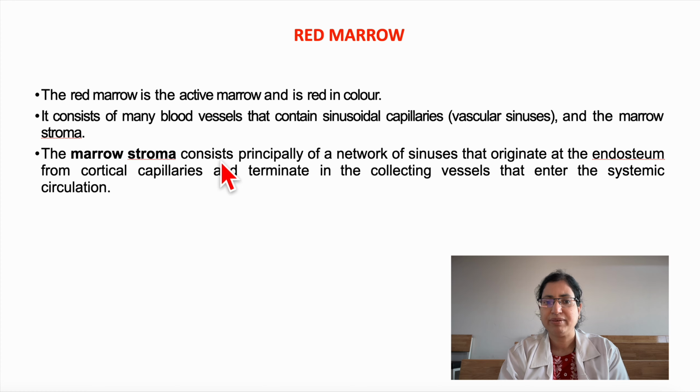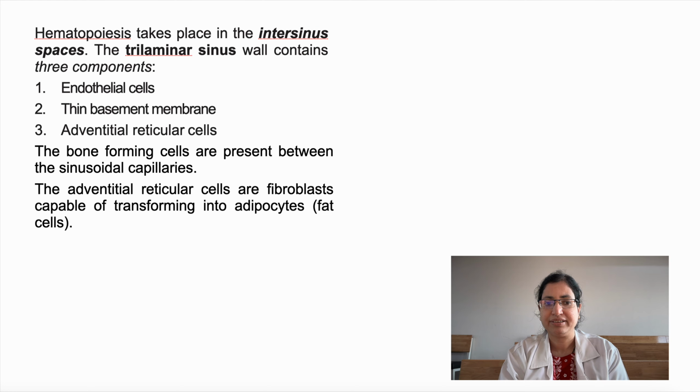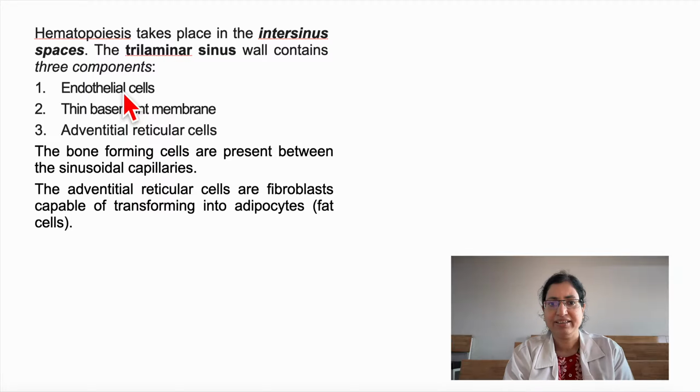The marrow stroma consists principally of a network of sinuses that originate at the endosteum from cortical capillaries and terminate in the collecting vessels that enter the systemic circulation. Hematopoiesis takes place in the intersinus spaces, and the trilaminar sinus walls contain three components, that is endothelial cells. These are the cells where this blood formation occurs.